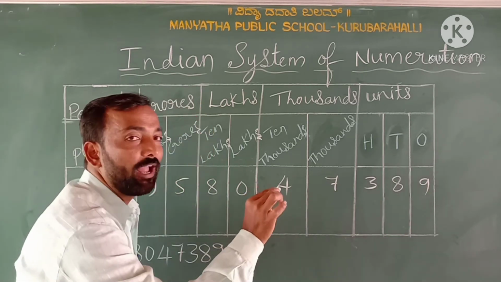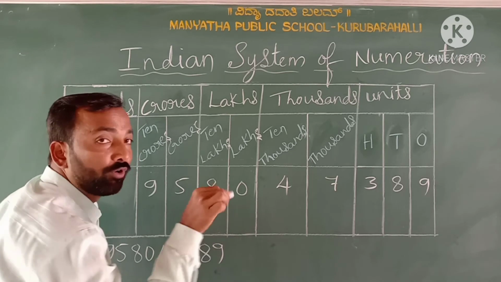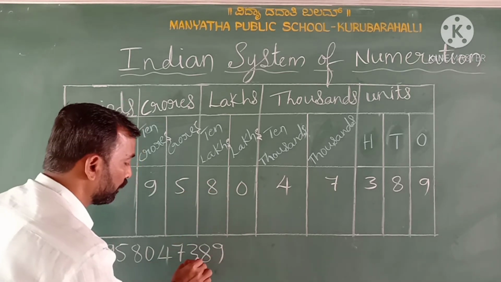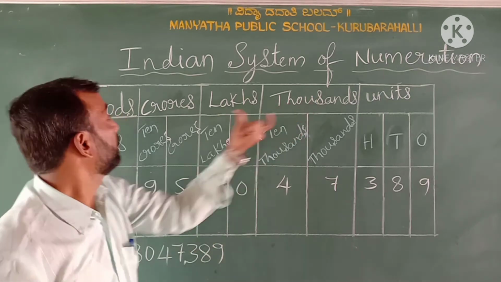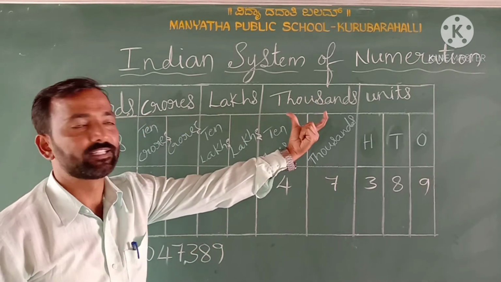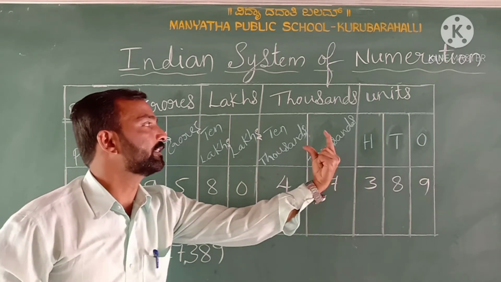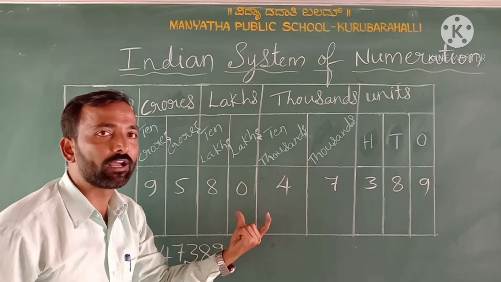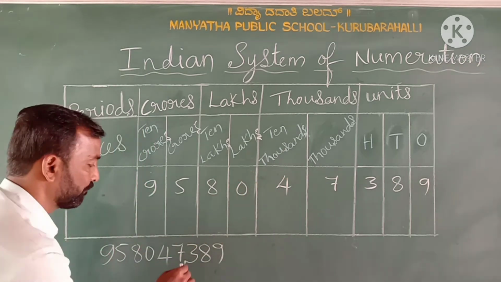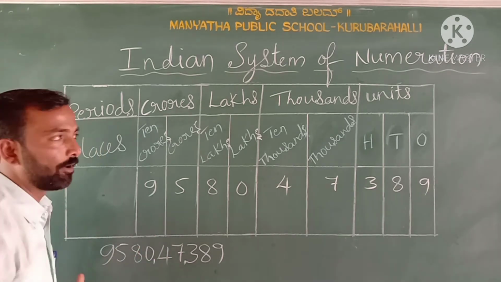That's why after 3 digits from right to left, put a comma. 1, 2, 3, comma. Again, the period is thousands, which is further divided into 2 parts, thousands and 10,000s. It means you put a comma after 2 digits from right to left. 1, 2. Just put a comma.